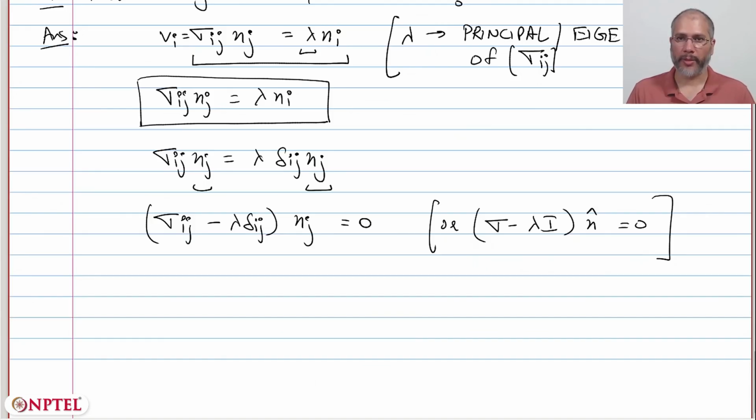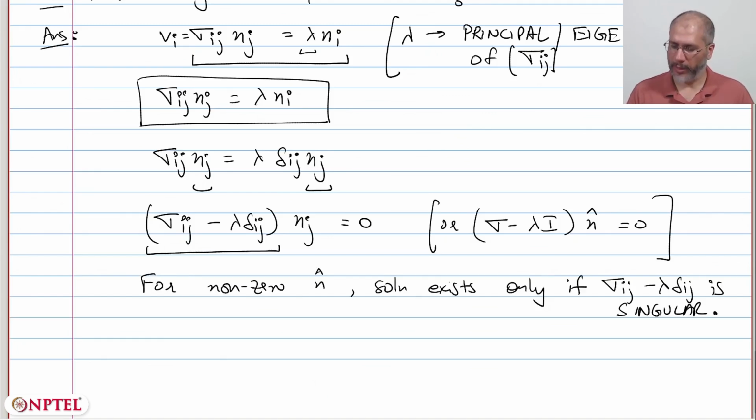This equation for non-zero nj's only has a solution if this matrix is singular. And mathematically, singularity can be represented using a determinant. So we can say the determinant of sigma ij minus lambda times delta ij is equal to 0.